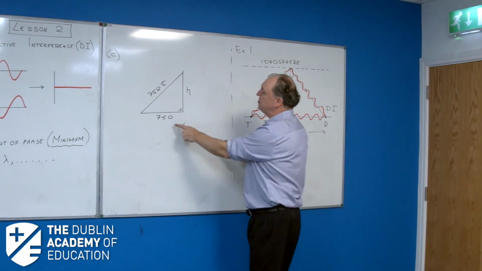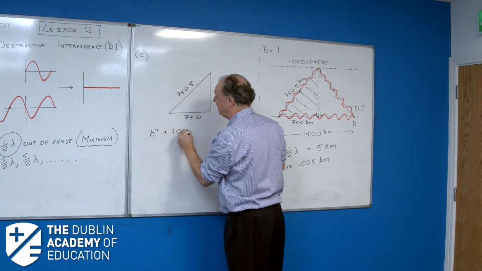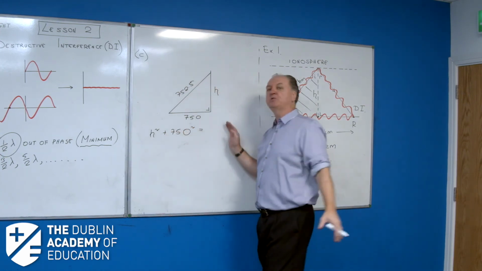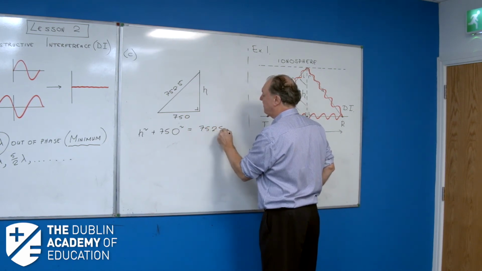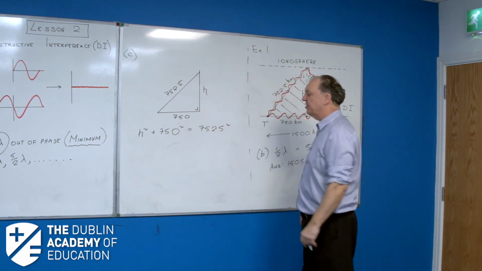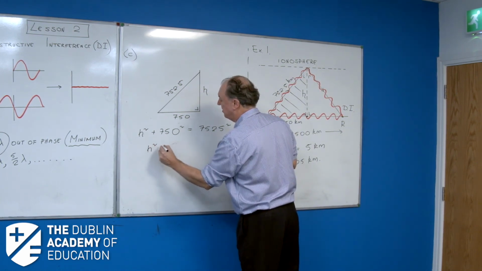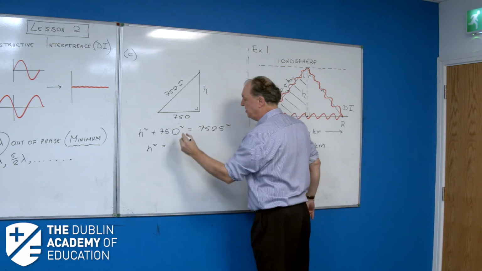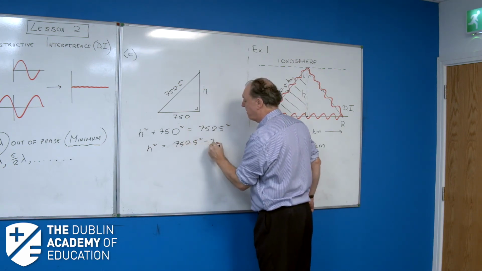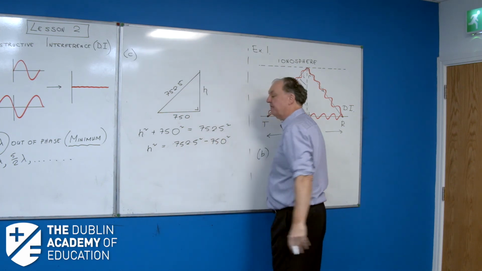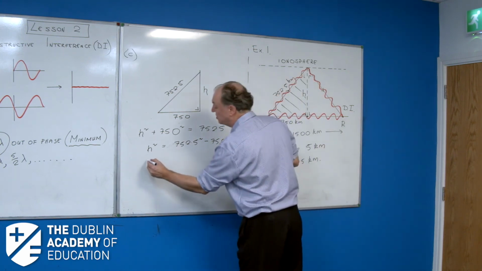So square the two smaller sides, h squared plus 750 squared is equal to the hypotenuse squared, 752.5 squared. I'm going to solve that for h. h squared is, jump the 750 squared across where it becomes minus. Finally, that's h squared, isn't it? If I want h, I'm going to get the square root of all of that.